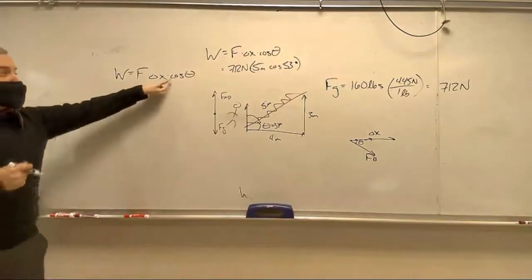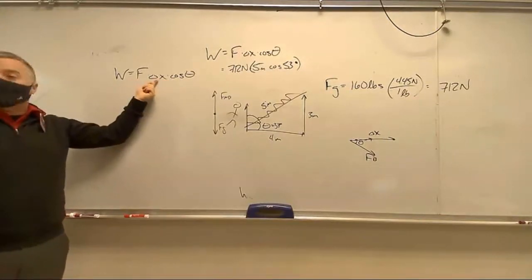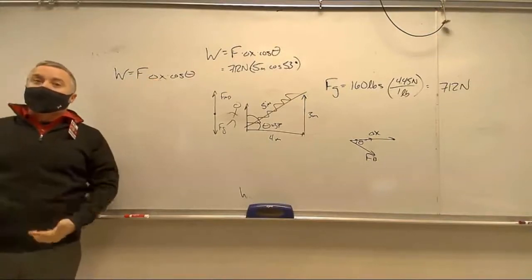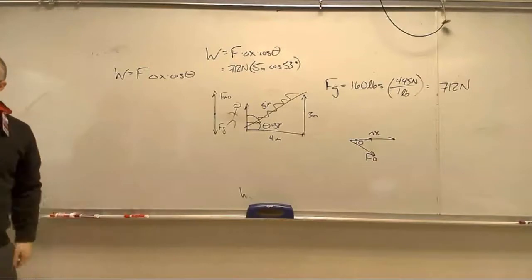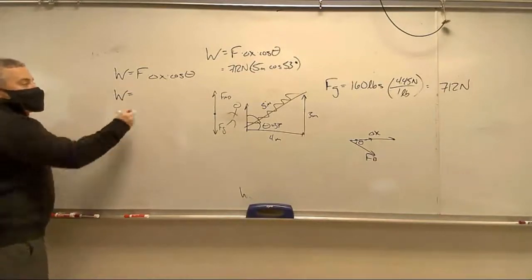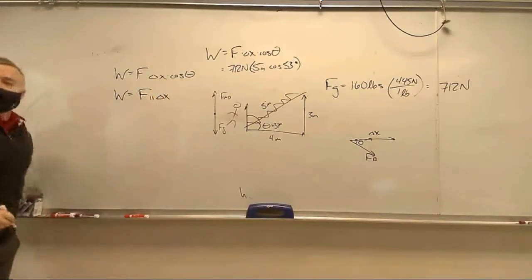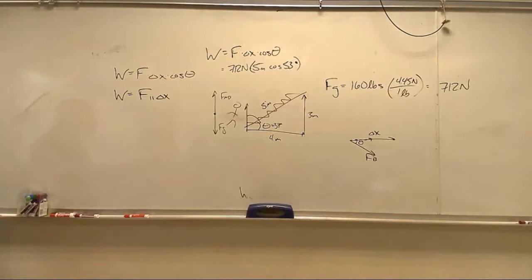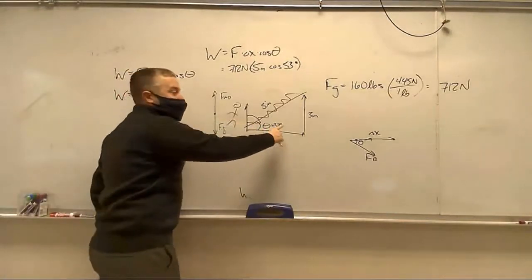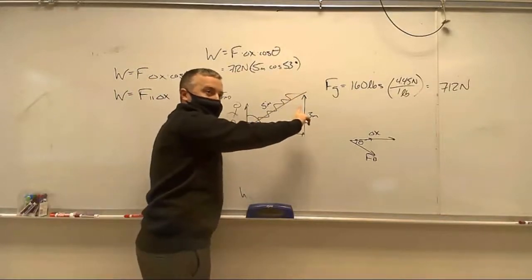However, the purpose of the cosine theta is to make sure how much of force is going in the direction of displacement, or how much displacement is going in the direction of force. So another way to put this is, work is the force that is parallel to the displacement. Meaning, I don't need to worry about the angle at all if I already know the distance in that direction.